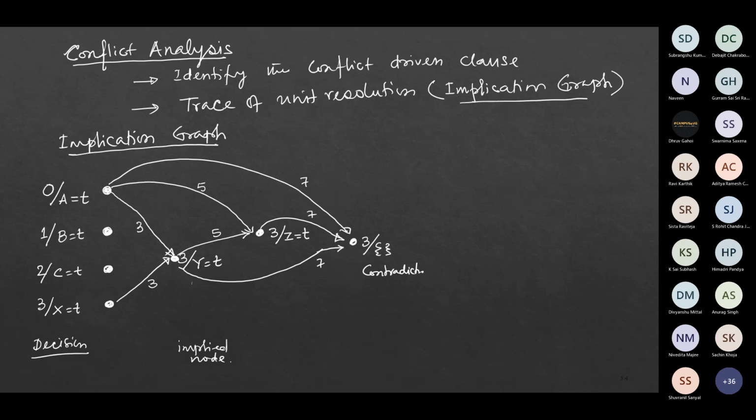Now, I think you understand why I am calling this an implication graph, don't you? So we are keeping trace of the unit resolution, and whatever things are being implied, we are representing that in a graphical structure. So that's why this is called an implication graph.